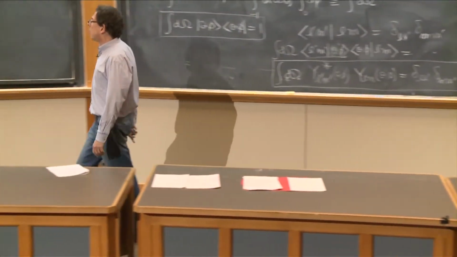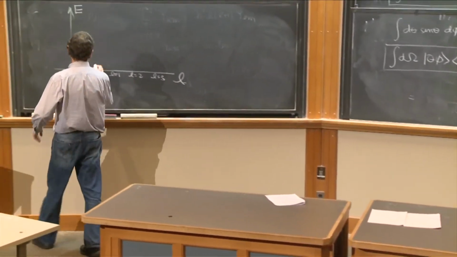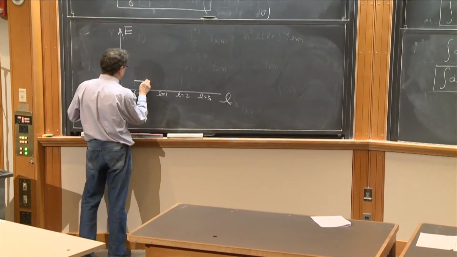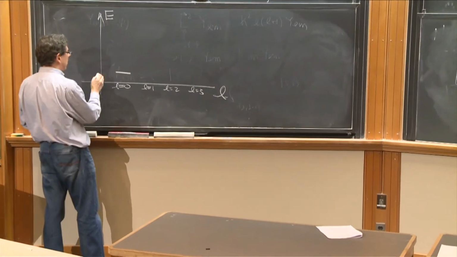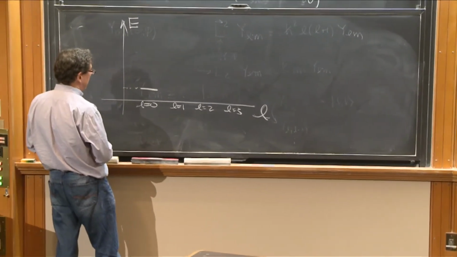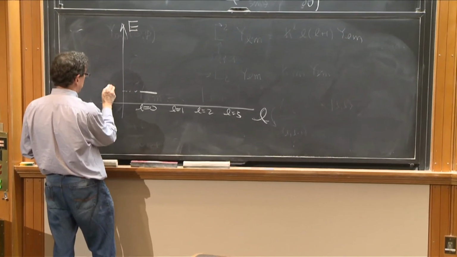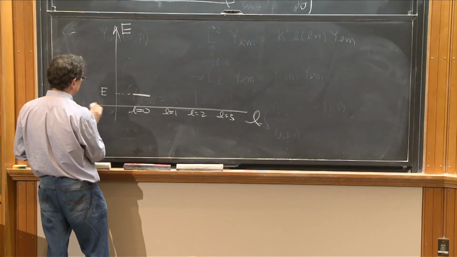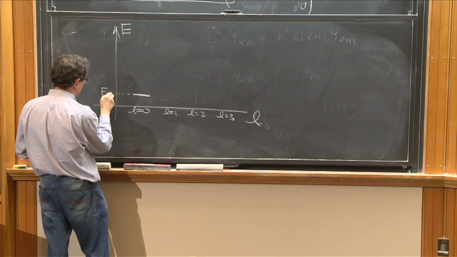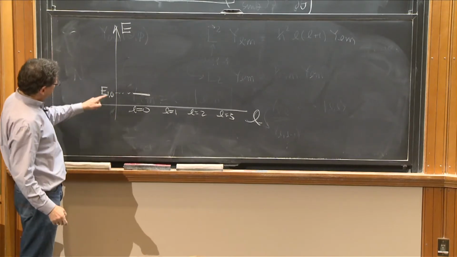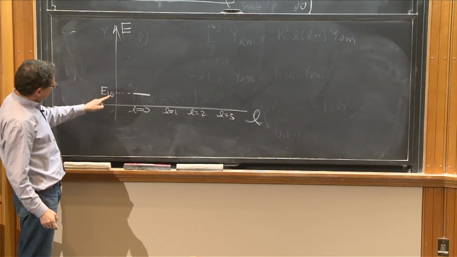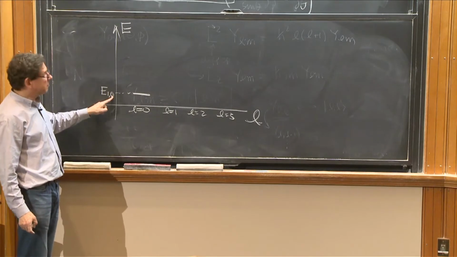So for L equals 0, I expect that there will be some energy here for which I got a state. And that line means I got a state. And there's some energy here that could be called E_1,0, the first energy that is allowed with L equals 0.